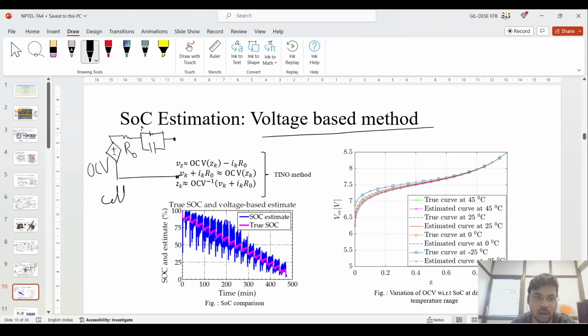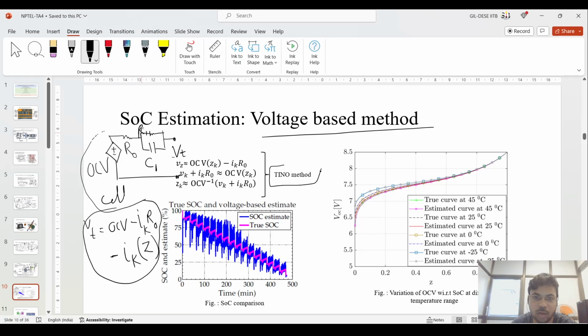This is the OCV, the open circuit voltage, and you have R0 internal resistance, you have R1 resistance connected in parallel with C1, and finally you have the terminal voltage. So how can you write this terminal voltage? The terminal voltage is OCV minus the current I_k R0 when it is discharging, minus I_k multiplied by the whole impedance of R1 parallel to C1. This is the basic crux of the cell model and its equation of the terminal voltage.